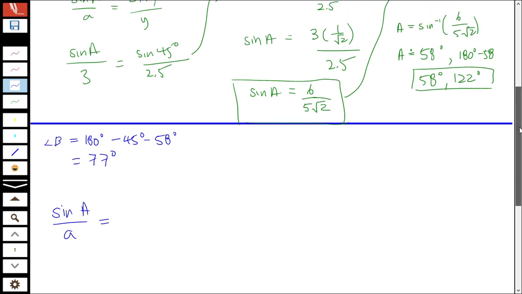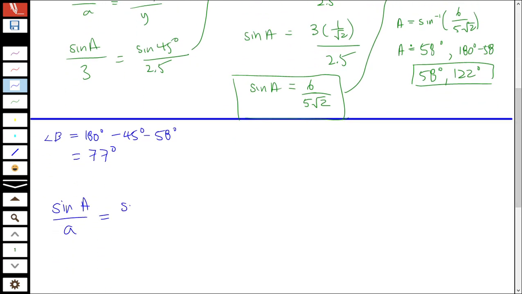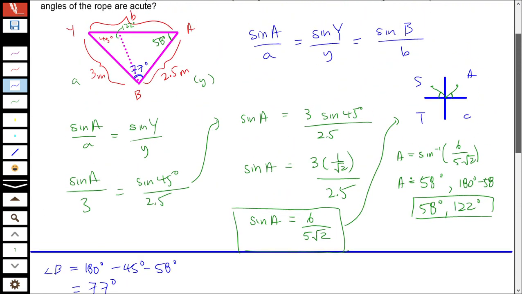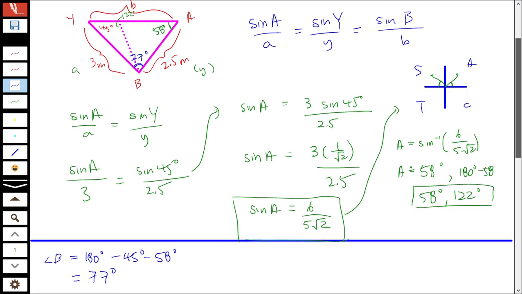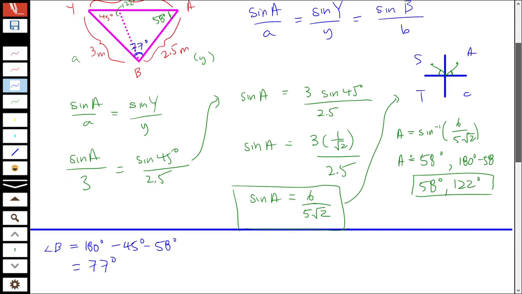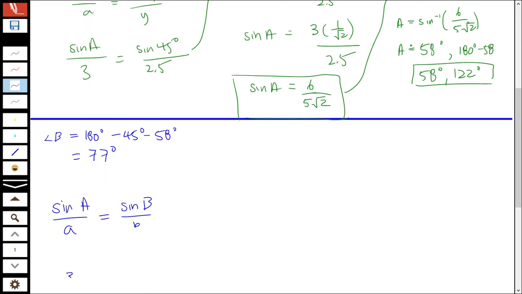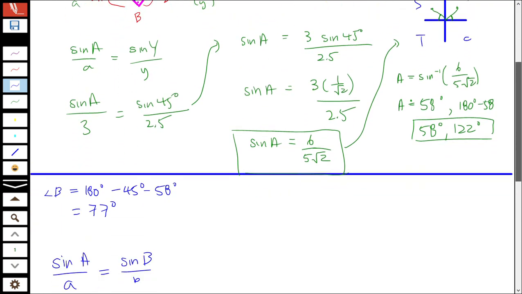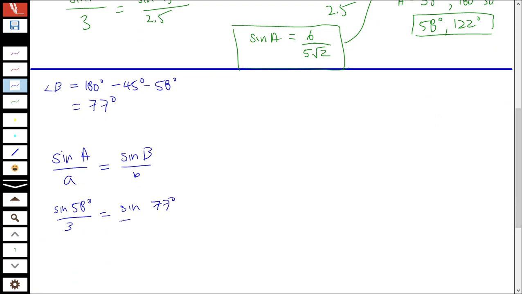And then we're looking for length B. So I'm going to have sine capital B all over B. We know our capital A and little a, that was 45, and the 2.5, sorry, that was not A. Oh, that was Y, but I will use A anyways. So I'm going to use 3 and 58. And sine. Do we know our capital B? Yes, we do. That's the 77 that we calculated. And it's going to be length of B. That's what we're looking for.